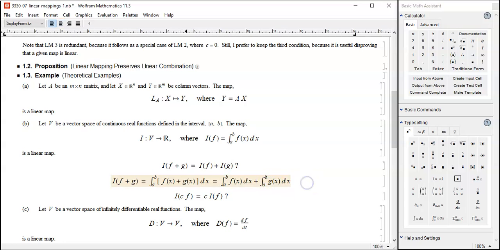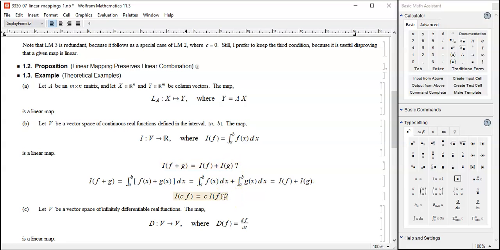Is this true? Certainly true. We have been using this since Calculus 1. And this is I of f, and that's I of g, isn't it? So yes, we can prove it, and we can prove it easily, as a matter of fact.